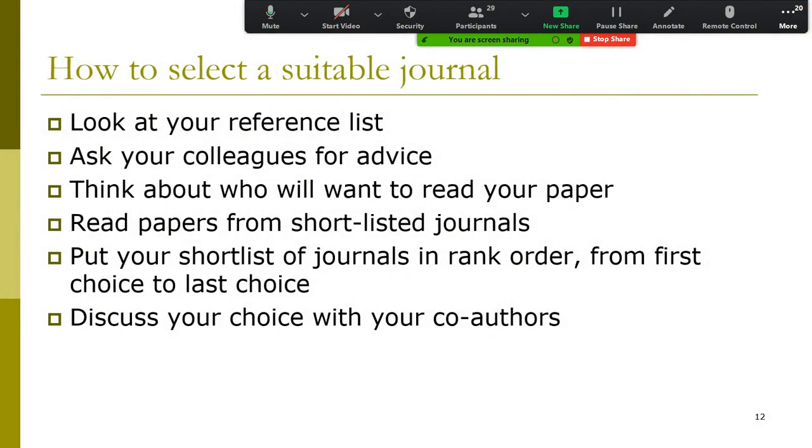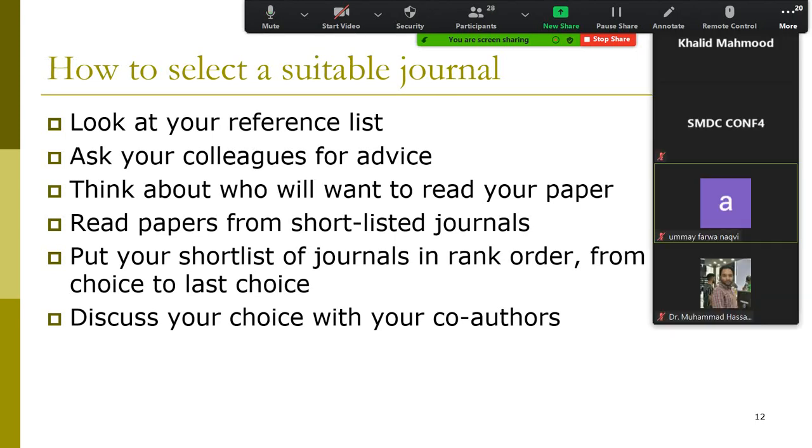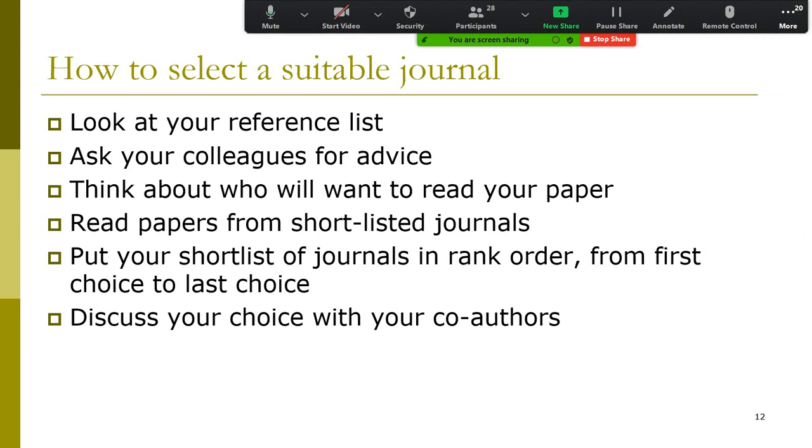So how to select a suitable journal? Here are some points. When you write an article or you have finished the writing, you should see your reference list. The reference list of your article is the main source for the relevance of journals. For example, you have cited 20 or 15 or 25 articles in your paper.